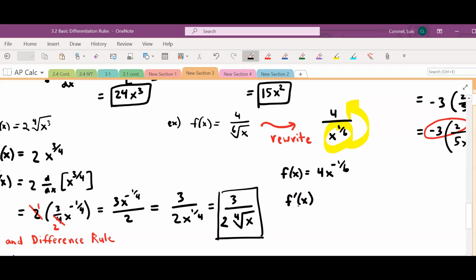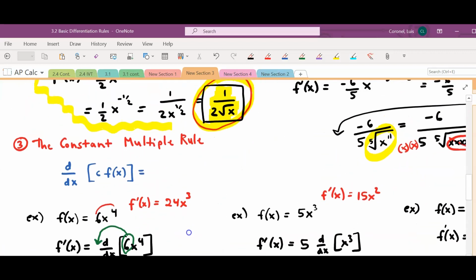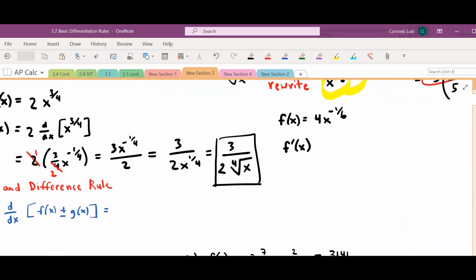Again, you could use the constant multiple rule, or you could use power rule, right? You have a choice. The 4, you could deal with it later since that's the constant, or you just multiply right away. So this is just regular, good old-fashioned power rule.